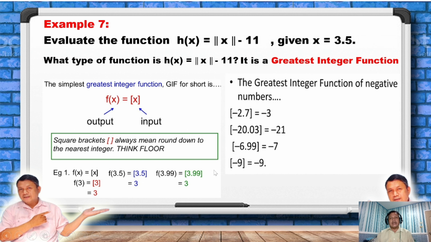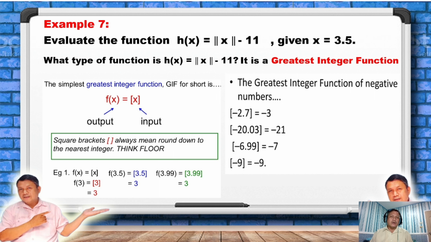How about kapag negative? The greatest integer function of a negative numbers ay ito. So again, nagkakaroon dito kapag negative ng round off. Anong ibig sabihin? We will use the same sign. So negative, halimbawa, negative 2.7, ayan, naging negative 3 na siya.